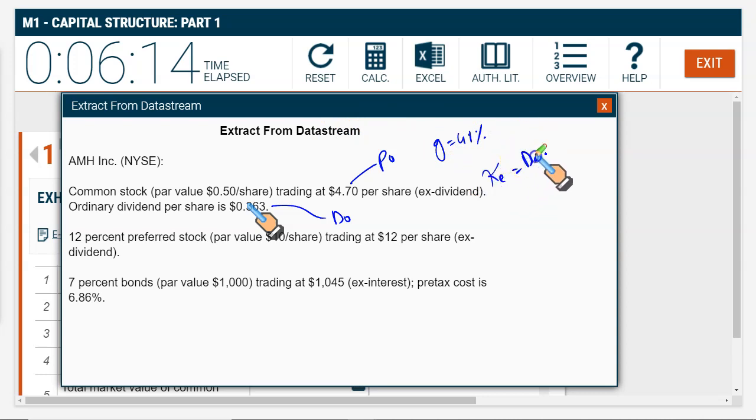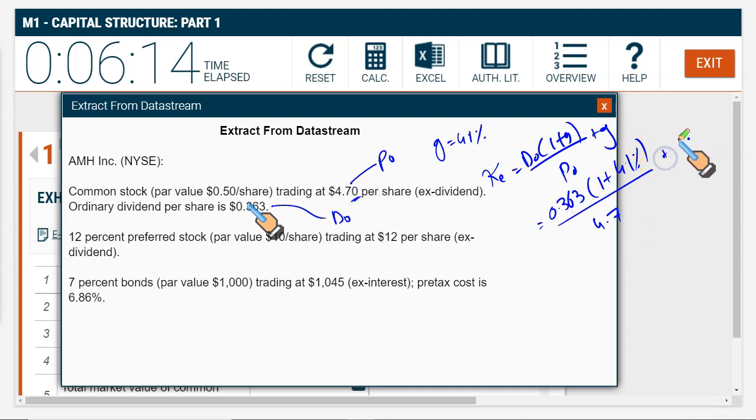That is D0 times (1 plus g) divided by the current share price, plus the growth rate. And we have these numbers: 0.363 times (1 plus 4.1%) divided by the current share price, that is 4.7, plus the growth rate, which is given in the email as 4.1%. So if you simplify this with simple arithmetic, this factor would give you 8.04%.